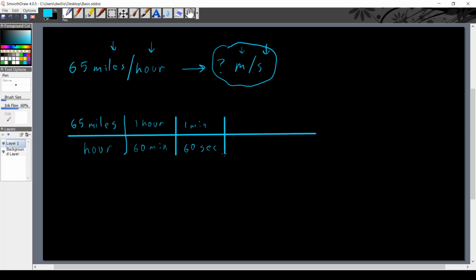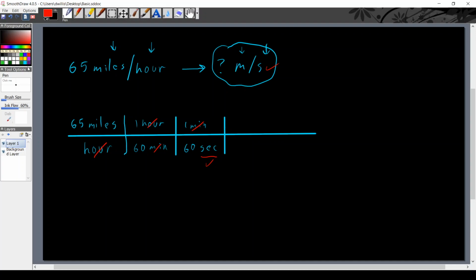Okay, and so my miles is still my current unit, so I'm still in miles, but my hours have gone away and my minutes have gone away. If I did this math, 65 times 1 times 1, and then divided by 3,600, which is 60 squared, I would have miles per second. Okay, so we've gotten ourselves to seconds, and that's where we want to be, so we're going to hang on to that unit.